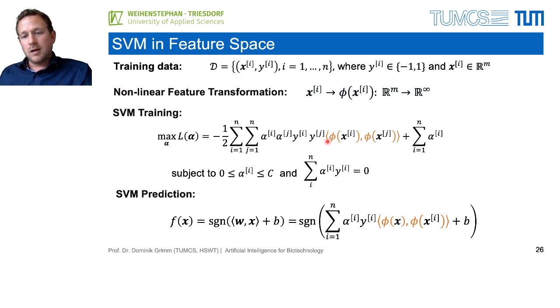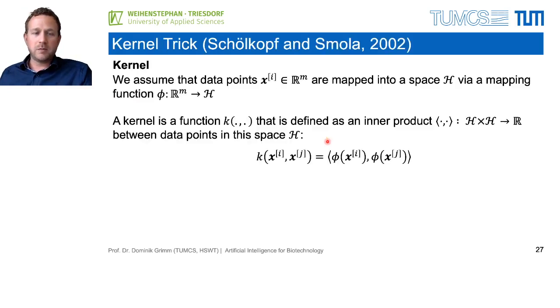And now I come to the kernel trick. So what's a kernel? Let's assume that data points xi, which have m features, are mapped into a space that we call H. So we map the data point xi into another space H via some arbitrary mapping function phi.